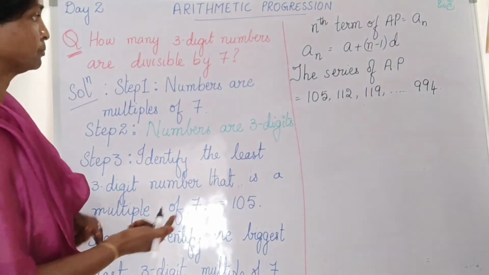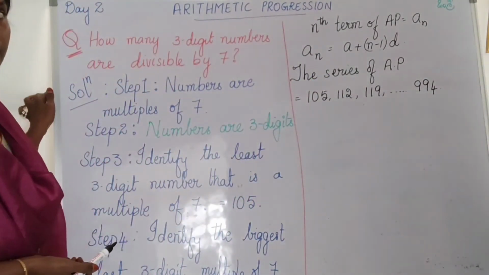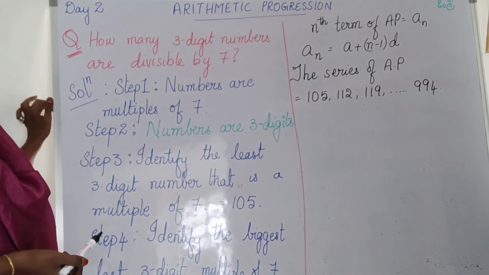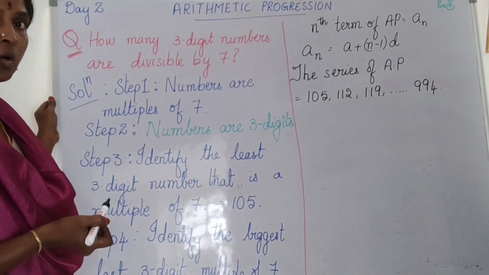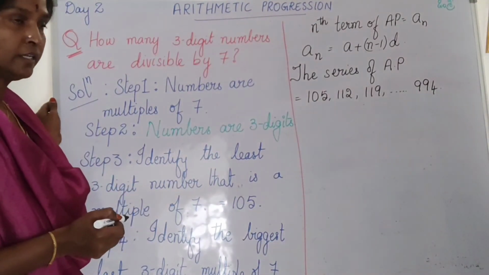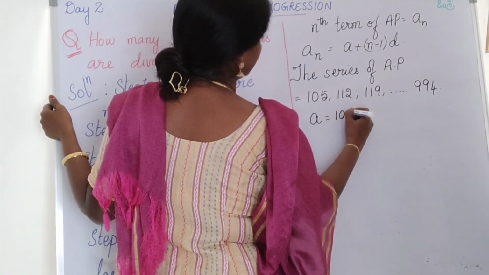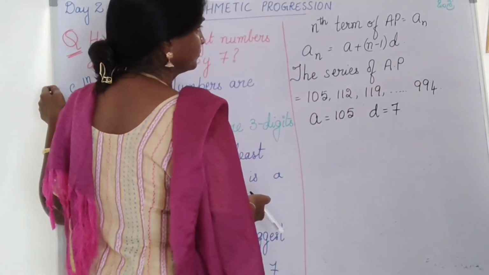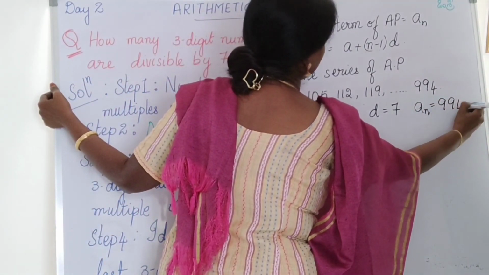How did you get the second and third terms? As we know that the numbers are multiples of 7, it's obvious that 7 will be the common difference of the given series. So we have taken a is equal to 105, d is equal to 7, and an, the nth term, will be 994.